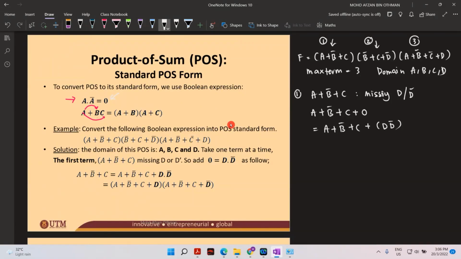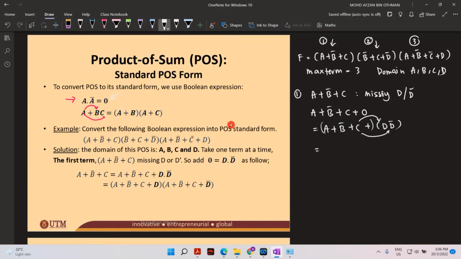Okay, lepas tu nak buat apa? Apply pula yang ni. Kita apply yang ni sebab dia sama ni. A tambah B, okay, kita ada A tambah BC. Kita boleh kembangkan dia sebagai A tambah B dot A tambah C. Alright, so kamu applykan dia. Yang ni kembangkan dia dengan yang ni.